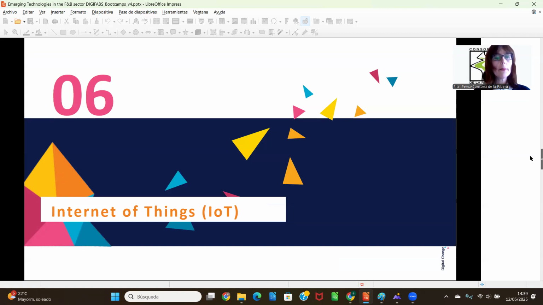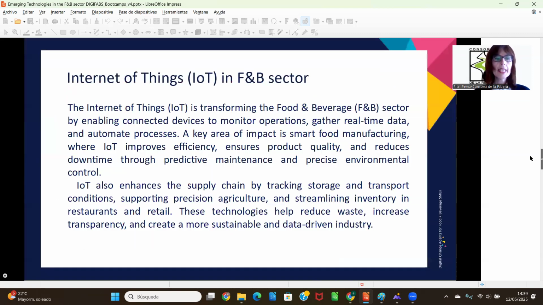The following topic is the Internet of Things. This concept refers to the network of physical objects that have embedded sensors, software, and other technologies in order to connect and exchange data with other devices and systems over the internet.